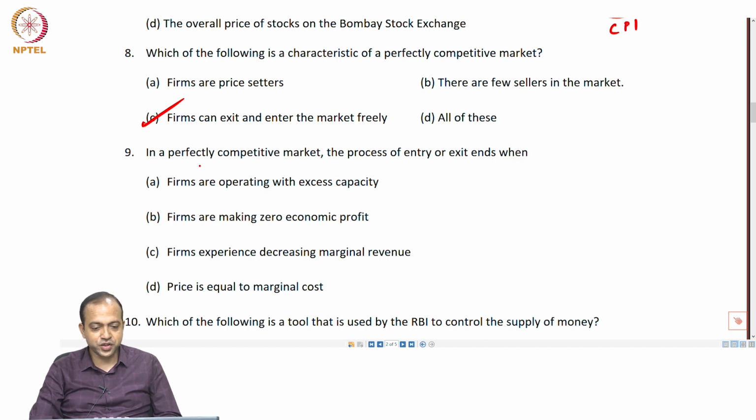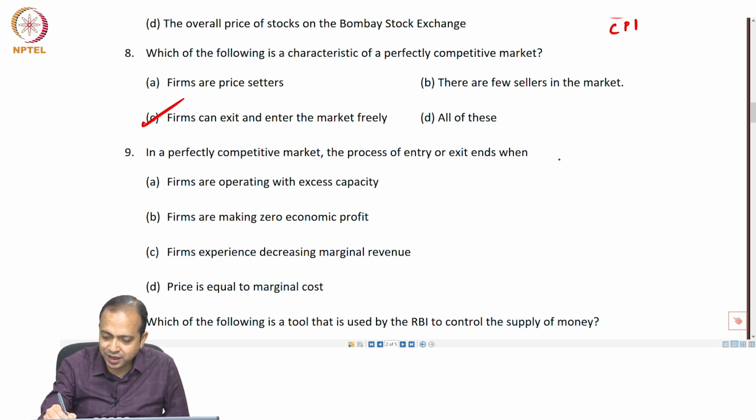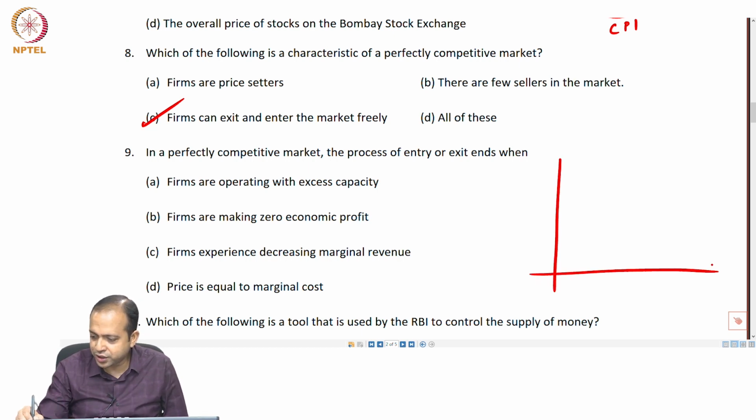Firms experience decreasing marginal revenue. Price is equal to marginal cost. Price is always equal to marginal cost, but that does not ensure that entry and exit will end. So, entry and exit will end, as I would like to draw the diagram again.